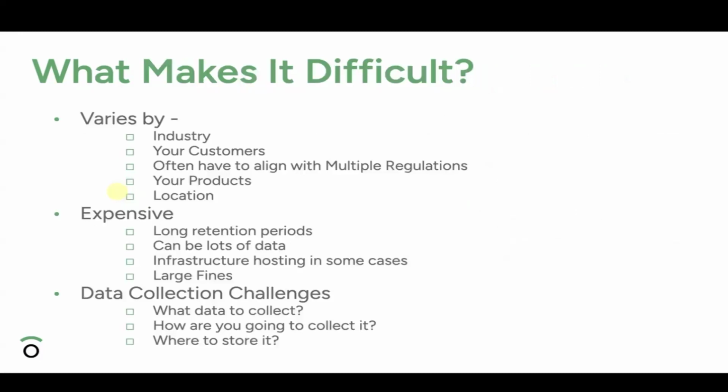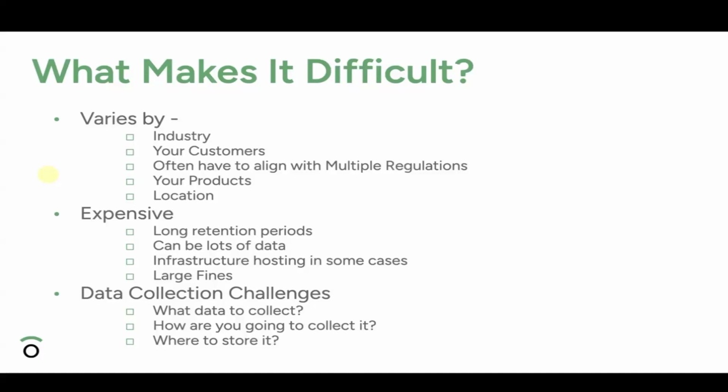So there's a lot of variations there, which leads me into the next portion, what makes it so difficult. I've been in the logging realm for right around 10 years now, a little bit over, and every time compliance comes up, it seems like it's a bit of a difficult thing. Some of the reasons are that it varies so much depending on your industry. What type of things should we bring in about your customers?